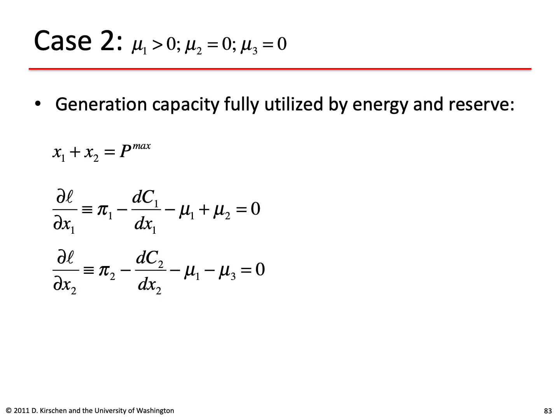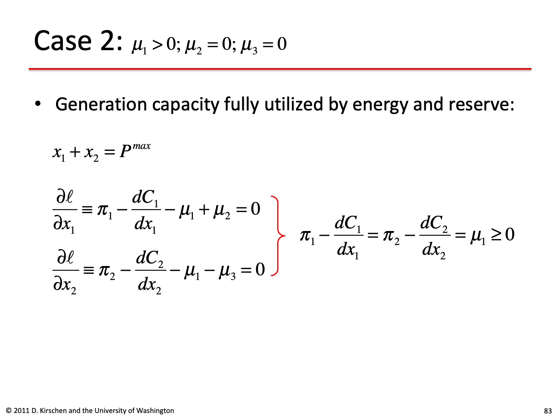If we use this information about mu1, mu2, and mu3 in the optimality conditions, we get to the conclusion that pi1 minus dc1 over dx1 must be equal to pi2 minus dc2 over dx2, which must be equal to mu1, which is, because of the complementary slackness condition, positive.